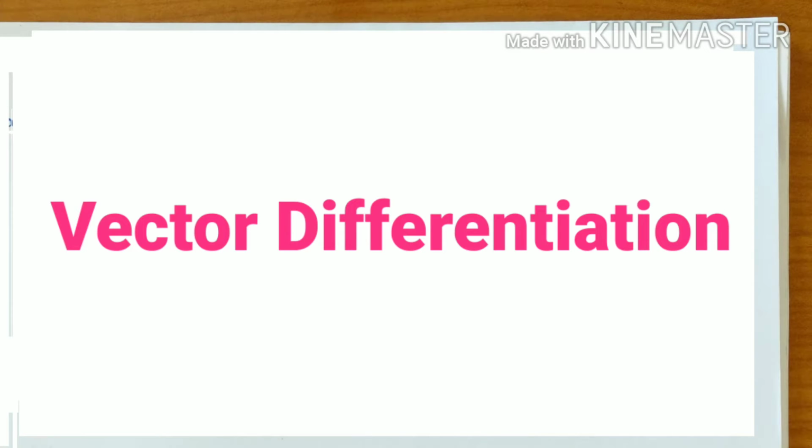Maxwell's equations are an excellent application of vector calculus in electromagnetics. Of course, there are many more points where you can apply vector calculus in electromagnetism, but I have just given a hint that Maxwell's equations involve vector calculus.